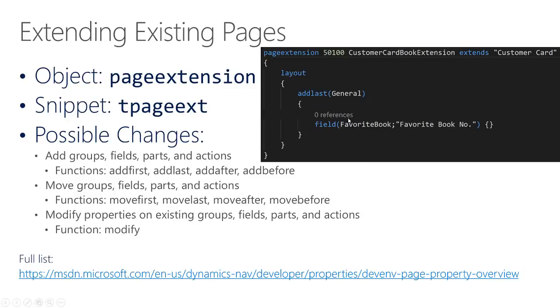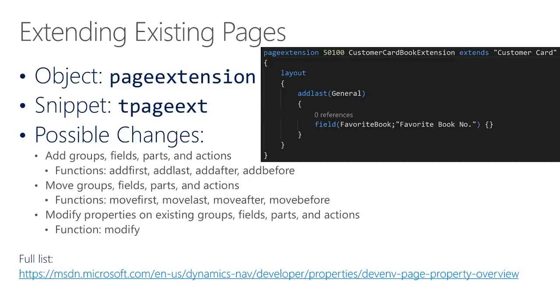I like to use the fast tab anchors because sometimes, if you anchor your field to an existing field, another page extension might move that field to a different fast tab. So if the importance for you is that your new field goes into a particular fast tab, then you need to anchor it to the fast tab itself.